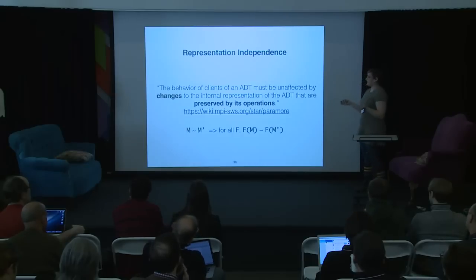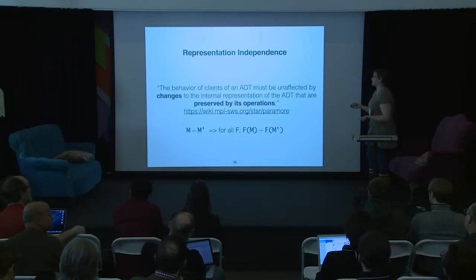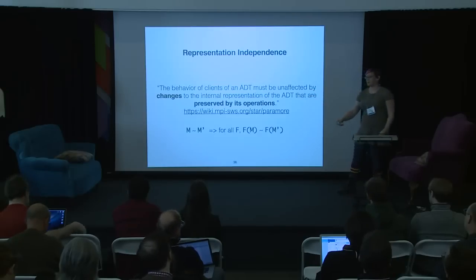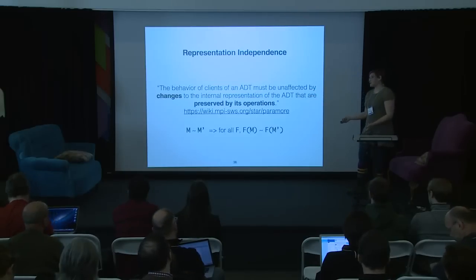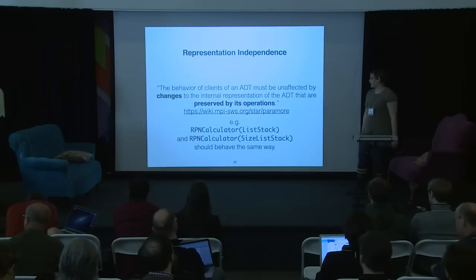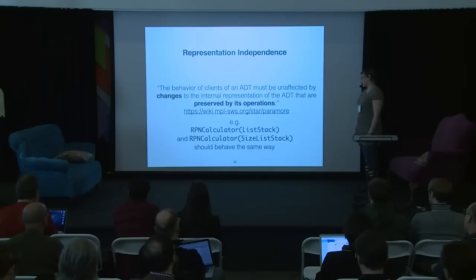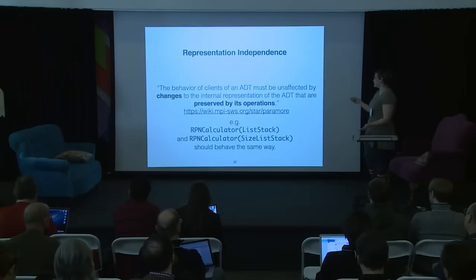All of the finicky details are about what it means for changes in the underlying representation to be preserved by operations, and so our examples, list stack and size list stack, should behave the same way. So somehow the changes that we made there should be considered to preserve the operations.